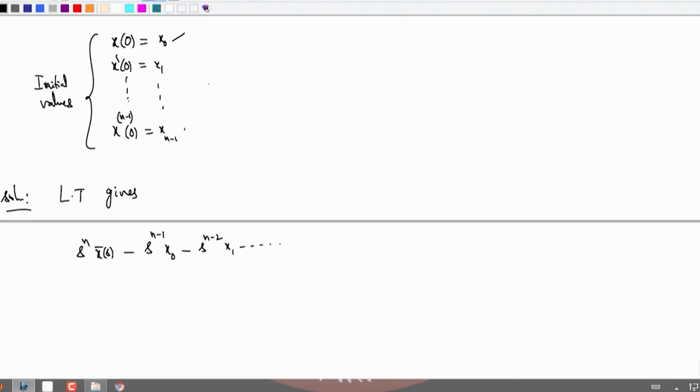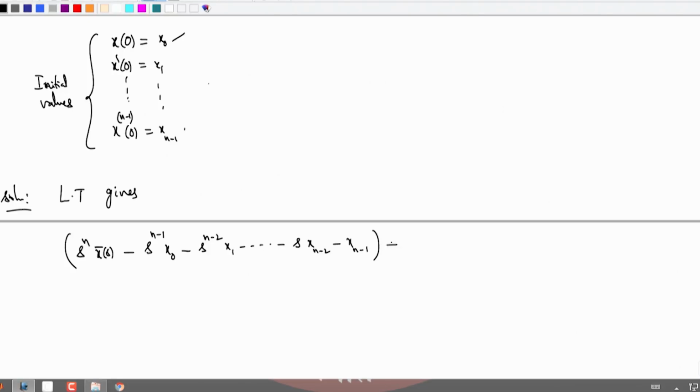Finally, you end up getting minus s times x n minus 2, that is x n minus second derivative, that is x n minus 2 minus x n minus 1. So, this is the Laplace transform of the nth derivative of a function x of t.